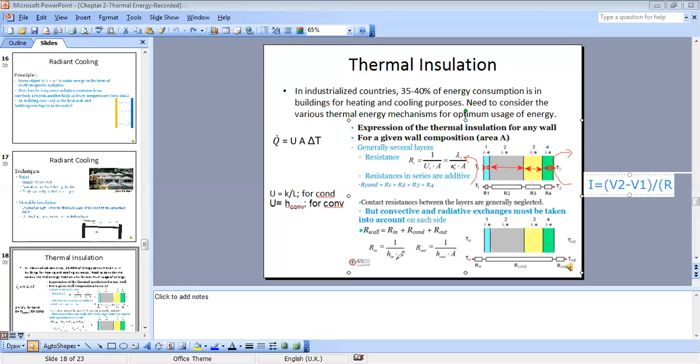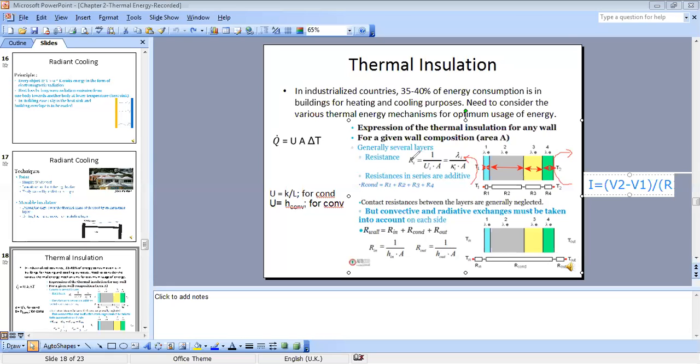And now my total resistance will be 1 over H inner A plus the summation of lambda i over k i A to take into account the several layers, plus 1 over H outer times A. And in this way, I get the total resistance.